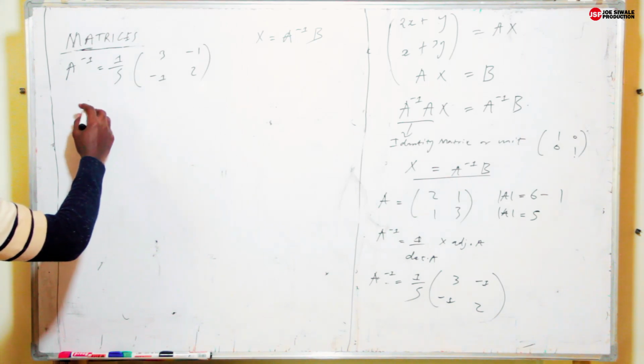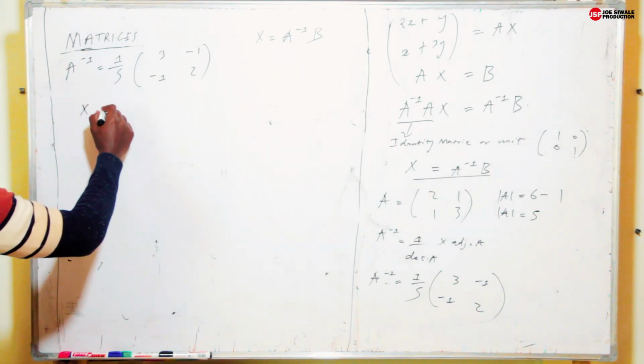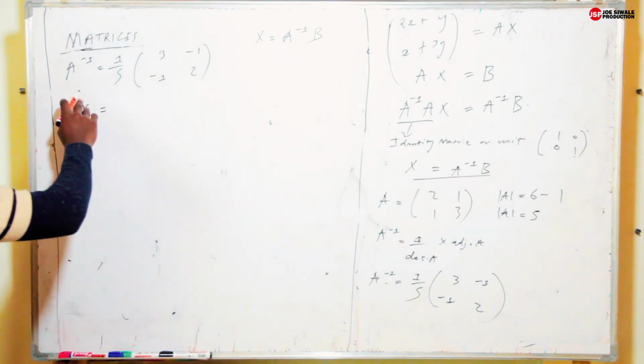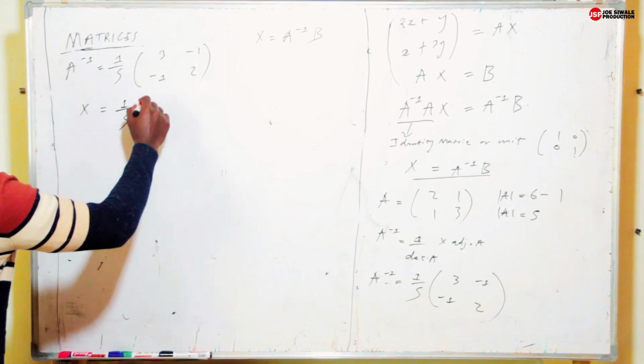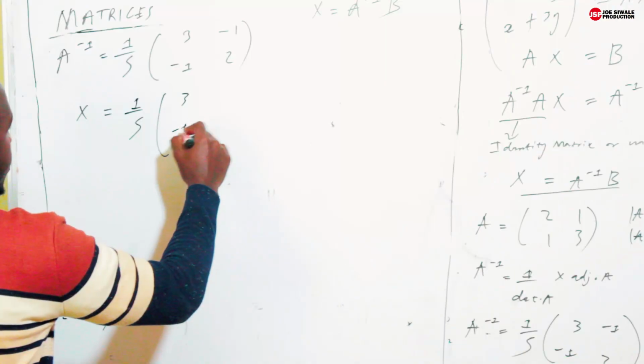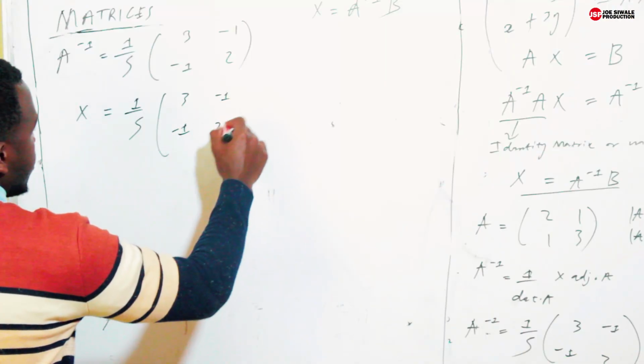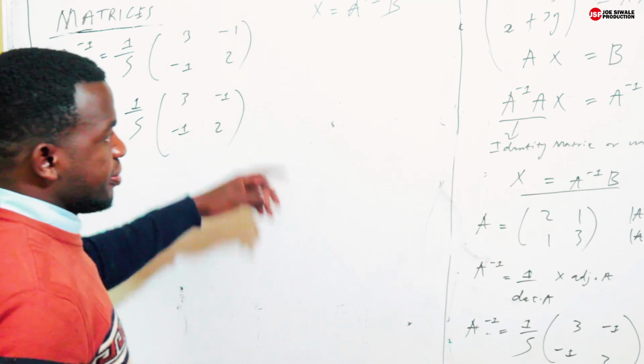So we're going to say our x is equal to the inverse of matrix A, we're having 1 divided by 5, then 3, -1, -1, 2, multiplied by matrix B.